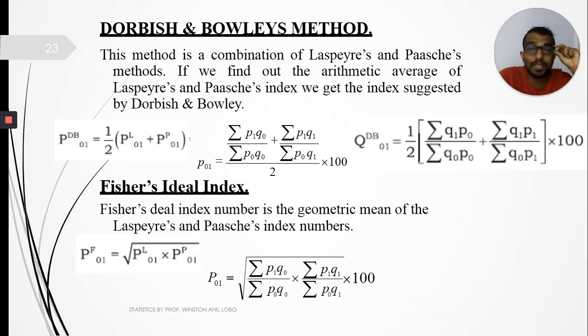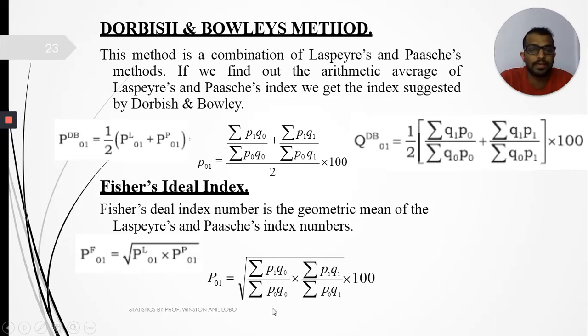So students, Dorbish-Bowley was called arithmetic mean. Same way, Fisher's is called geometric mean. Fisher's index number is the geometric mean of what? Of last year's and past year's. Fisher's index number PF01 equals square root of last year's formula into past year's formula.